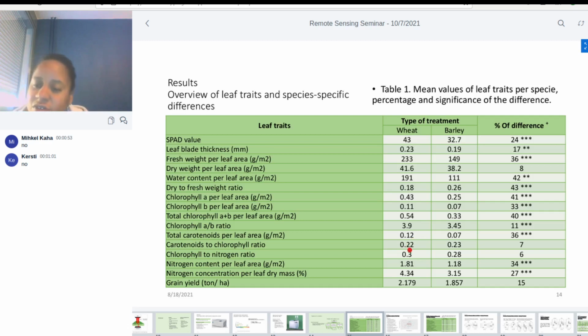I think also something worth noting is that the grain yield between the two species, despite having significantly different values for most of the leaf traits, did not turn out to be significantly different between them.